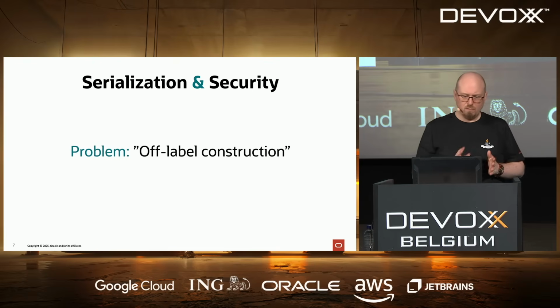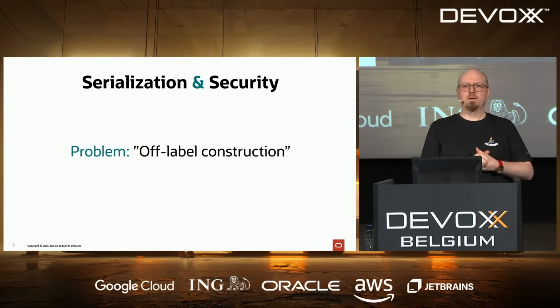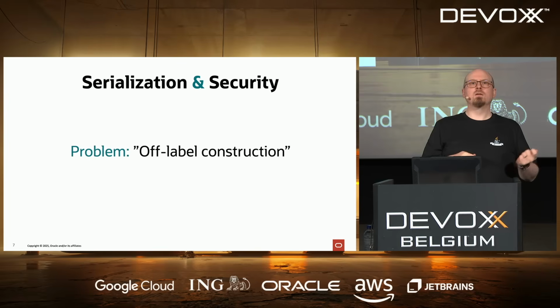So, going into the security domain here, one of the problems is what I call off-label construction, which is when you create an object without invoking its constructor, and then you poke values into the fields, bypassing whatever logic is defined for that type itself.